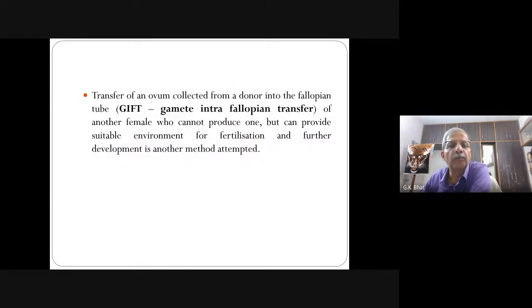Transfer of an ovum collected from a donor, that is the third person, into the fallopian tube is known as GIFT, gamete intra-fallopian transfer. In GIFT, it is the ovum, which is a gamete, that is transferred. That means the woman has a problem with regard to production of ovum.